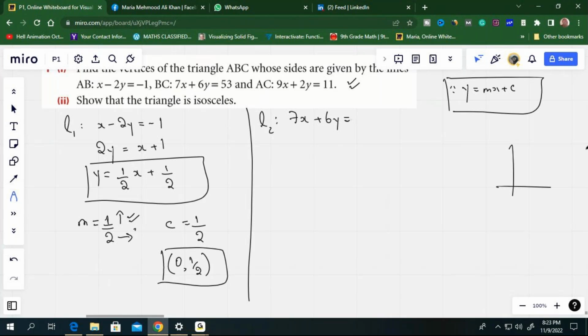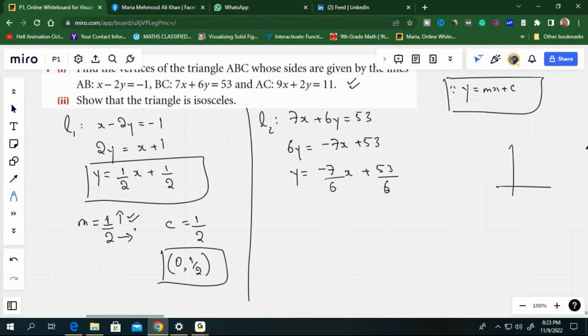It gives me 6y equals minus 7x plus 53. So y equals minus 7 upon 6 x plus 53 upon 6.